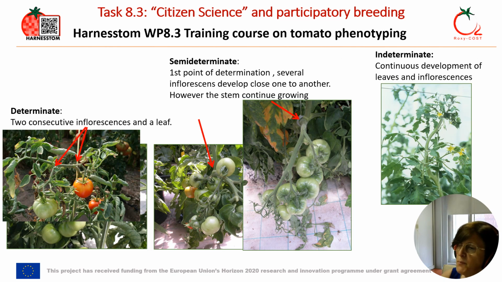Here you can see the typical structure at the point of determination of a tomato plant of determinate growth habit. In the case of semi-determinate growth, there is an initial point of determination, but the vegetative growth continues producing more leaves and inflorescences. In the indeterminate plants, continuous development of leaves and inflorescences occurs.